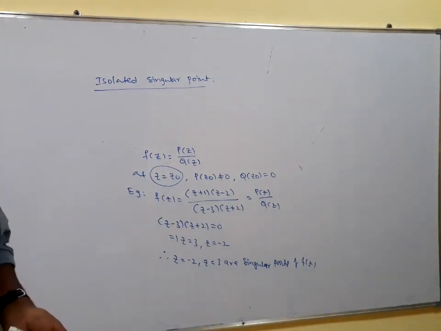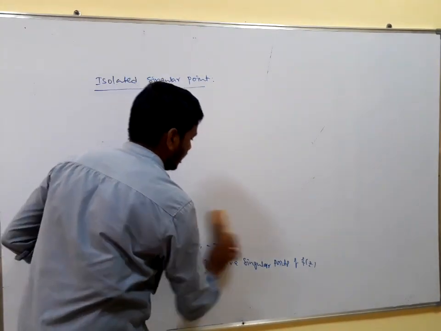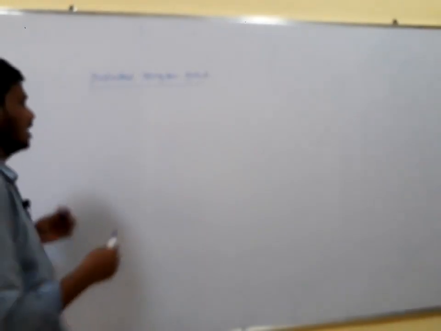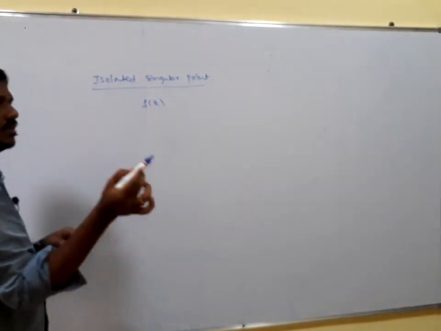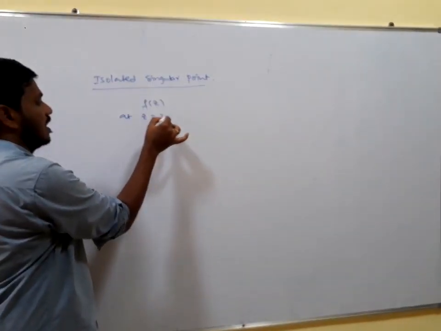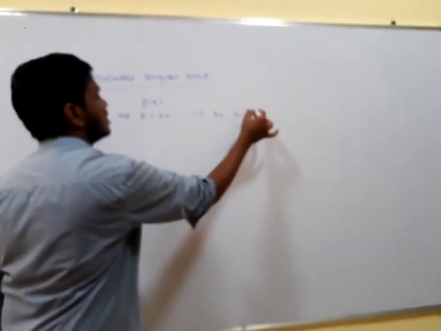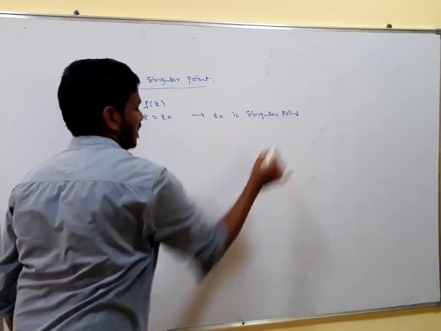What is meant by singular point? Suppose f of z is a complex valued function. At z equals z naught, it is not analytic. So we say that z naught is a singular point.